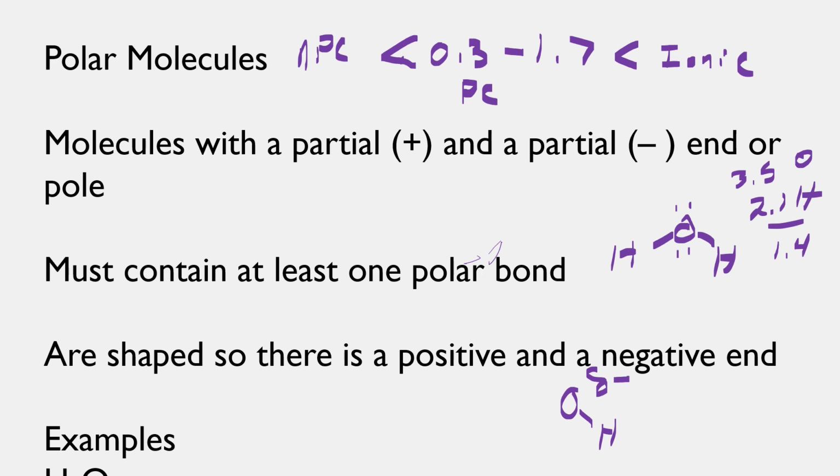Those electrons are not hanging out as close to the hydrogen, so that leaves it with a partial positive charge. Same thing happens with the other hydrogen. It gets a partial positive charge because those electrons are hanging out closer to the oxygen. So we're left with a negative polar end and positive ends. So that means this is a polar molecule.